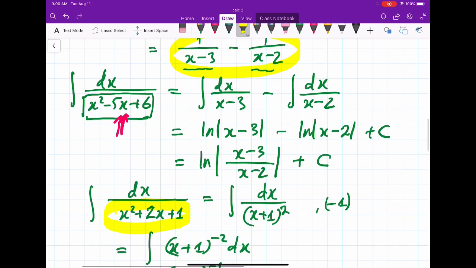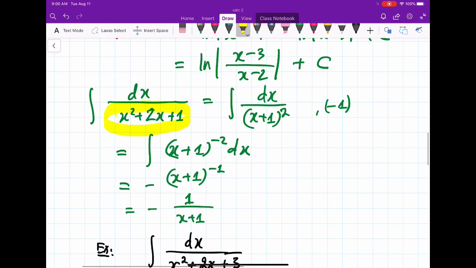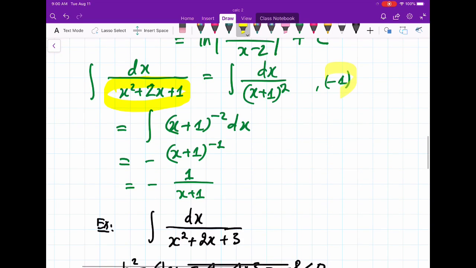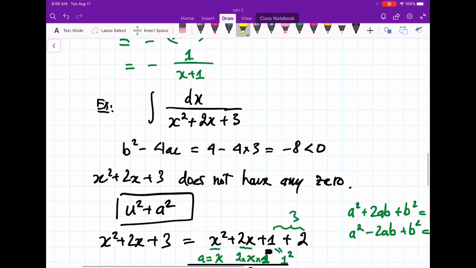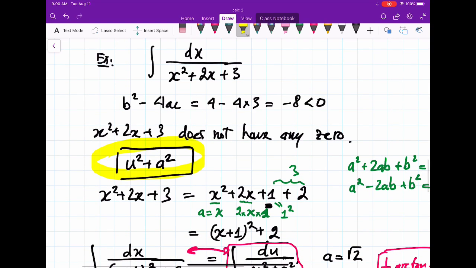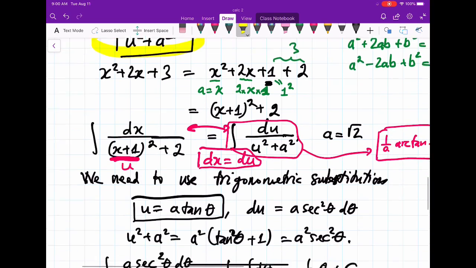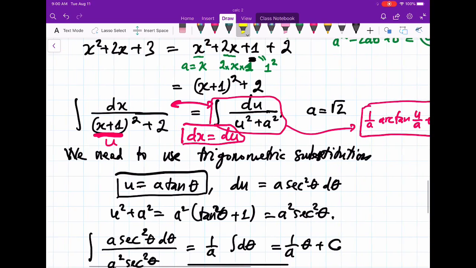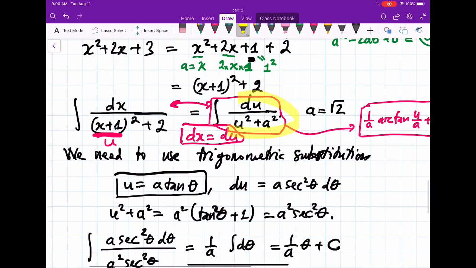If the polynomial has a double zero, you may use the power rule. And if that polynomial does not have any zero, you might rewrite it as u squared plus a squared, and then you use trig substitutions. Again, if you remember this formula, you are good to go. Okay, so this is a very typical one.